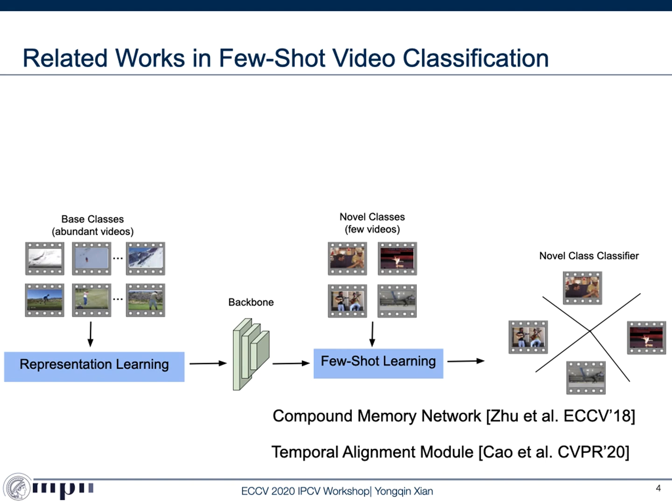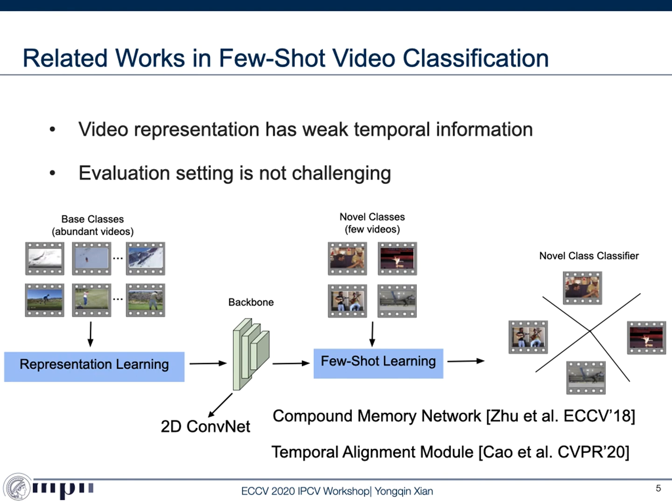The compound memory network and the temporal alignment modules are proposed in ICCV 18 and CVPR 20 respectively. However, we argue that they are limited because they rely on 2D ConvNet to extract frame-level features that ignore temporal information. Besides, their evaluation setting only considers 5-way classification that is not sufficiently challenging.